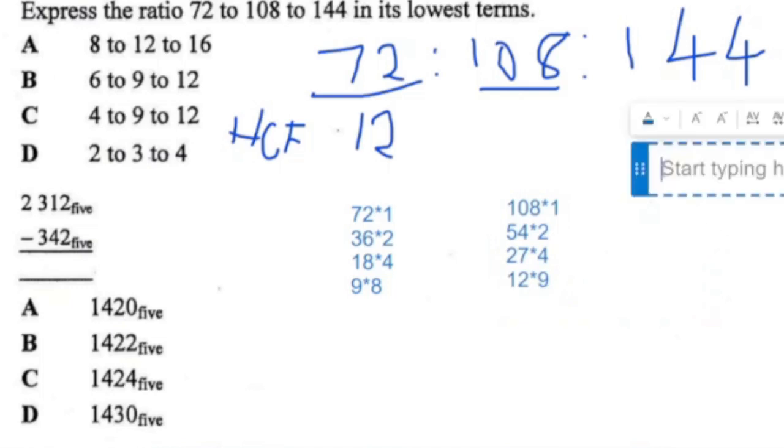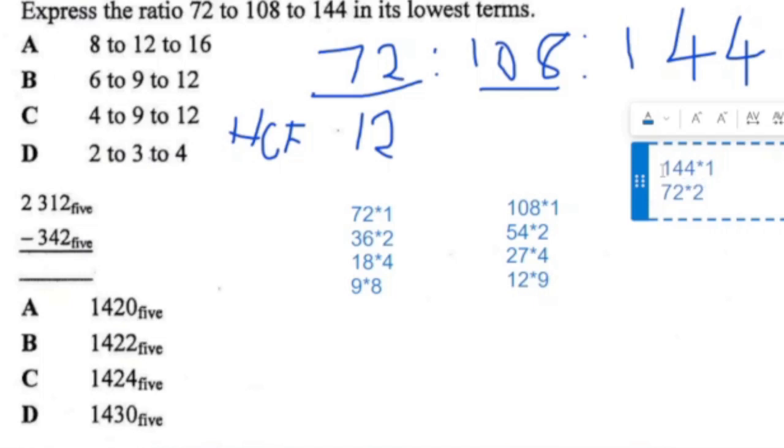Then when I come to 144, I have 144 times 1. Again, I have 72 times 2 will give me 144.